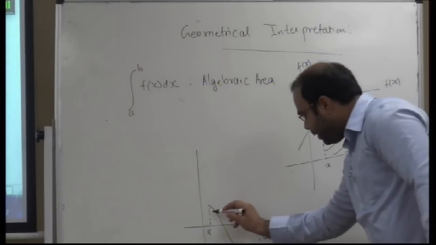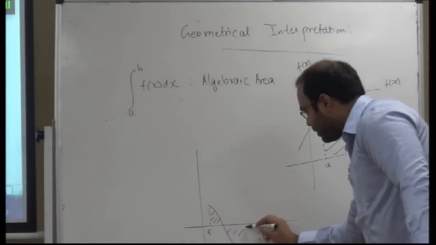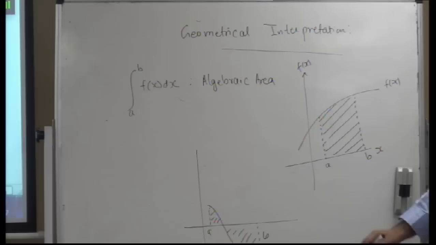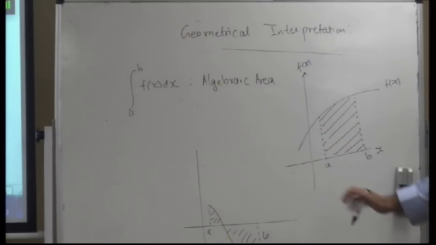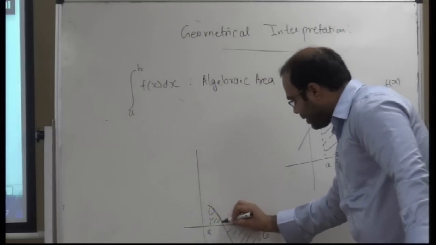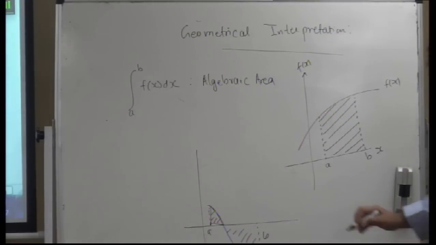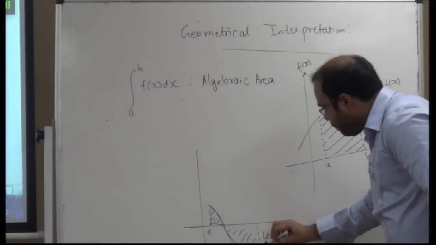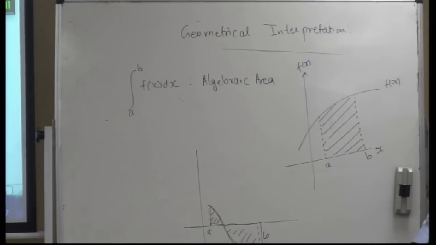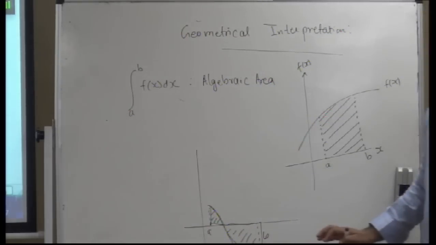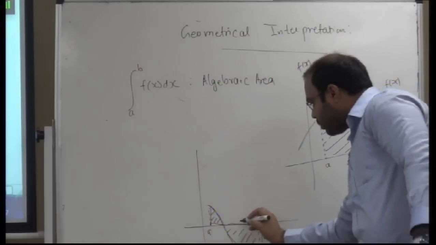Does that mean this area plus this area? No, algebraic area means whatever area is above the x-axis, we take as positive, and whatever area is below the x-axis, we take as negative in the integral a to b.